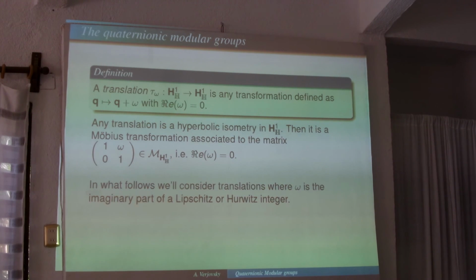Now we consider only translations where omega is the imaginary part of Lipschitz or Hurwitz integers. So now we have a discrete group of matrices.